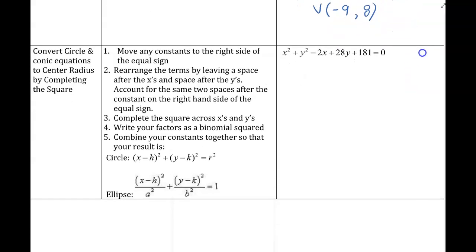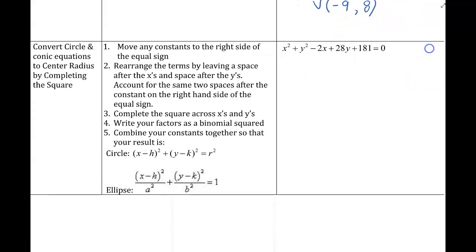Next, we're going to look at converting circles into standard form. I know this equation represents a circle because, again, I have both an x squared and a y squared. So I'm going to group my x's together, include a plus blank. I'm going to do that completing the square idea again.